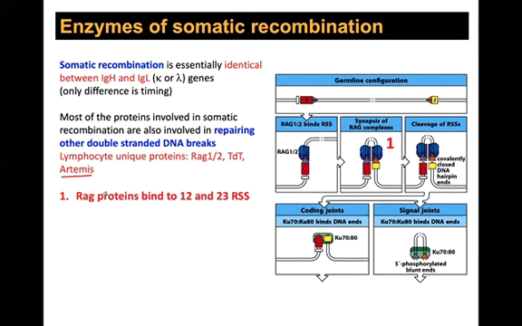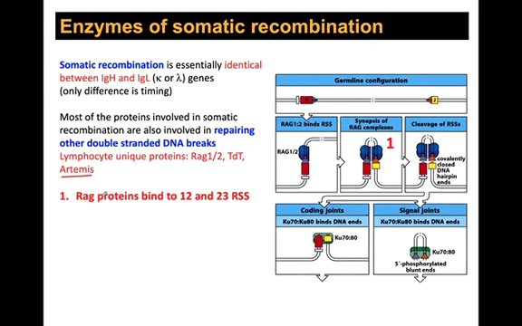So if we just take the steps here of what happens during recombination, you have a developing B cell and you express these RAG proteins. In reality, RAG1 is determining which V gene segment or which gene segment is picked. RAG2 is the enzyme that actually cuts it.